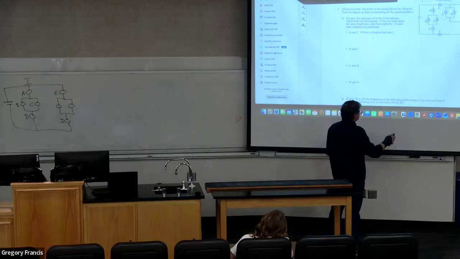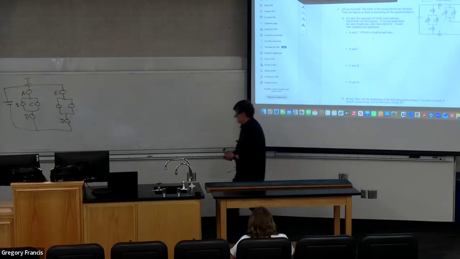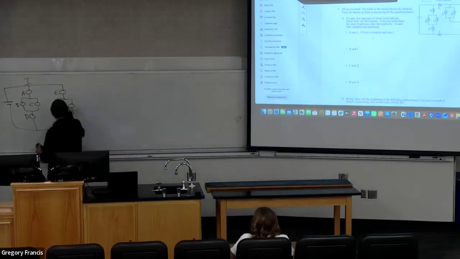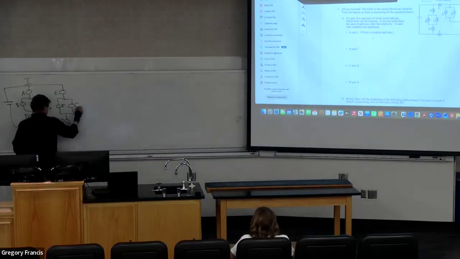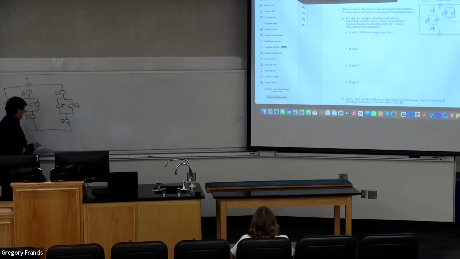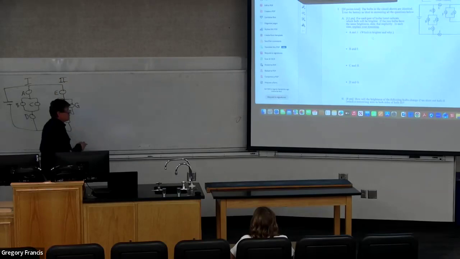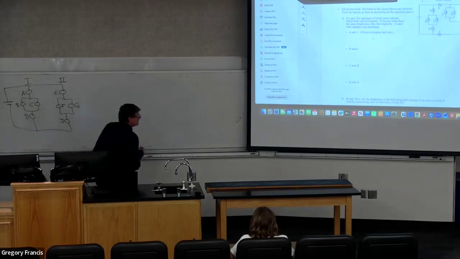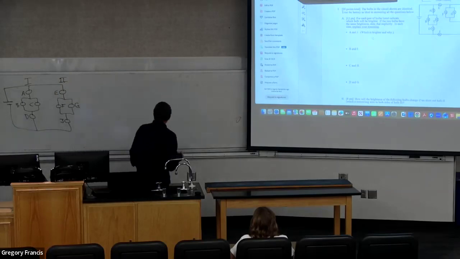So it looks like F and G are the bulbs I'm looking for. Well, again, if this were the circuit, you'd be really, really happy because that's very, very easy. So I asked myself what's missing, and what's missing are these two bulbs over here, H and I.